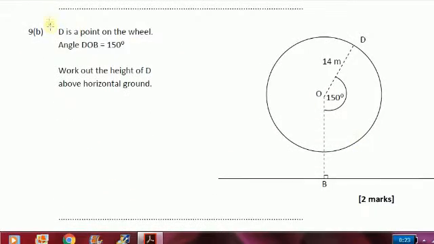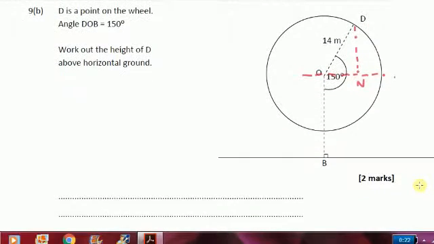Part 2, or part B. D is a point on the wheel, and angle DOB equals 150. Work out the height of D above the ground. So I'll put in a horizontal line there and a vertical line from D. If I call that point N, what else do we know? I know that OB, we already worked that out before, was 14 plus 2, 16 meters.